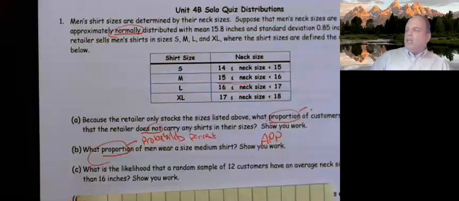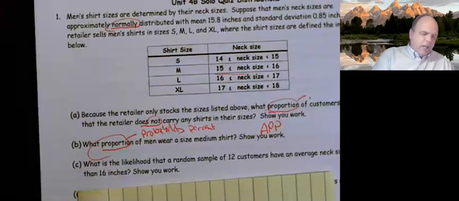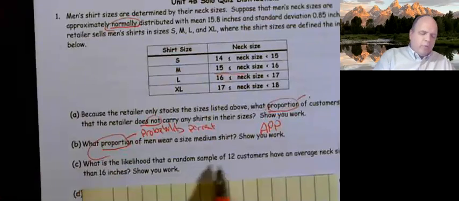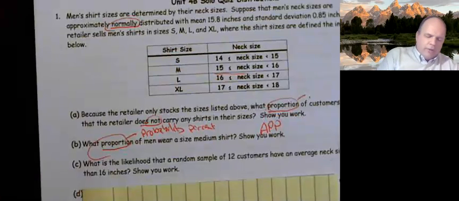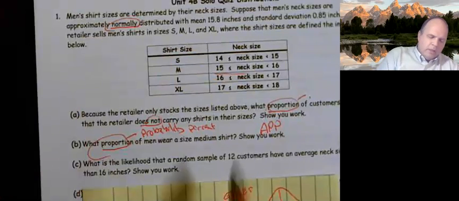All right, letter C. What is the likelihood that a random sample of 12 customers have an average neck size greater than 16 inches? All right, so first off, what's my picture? I'm going to get to my keyword in just a moment. Or keywords, because I got several of them here.